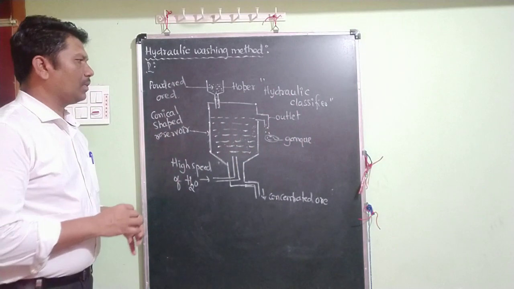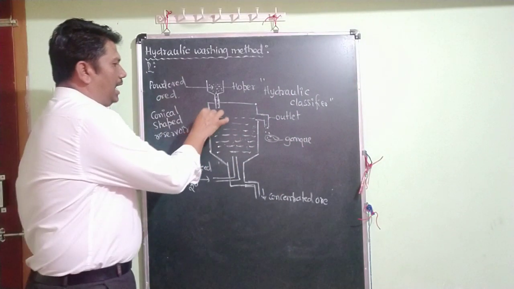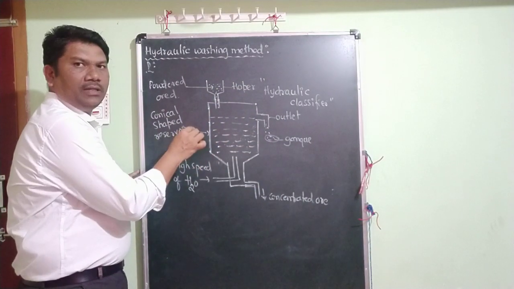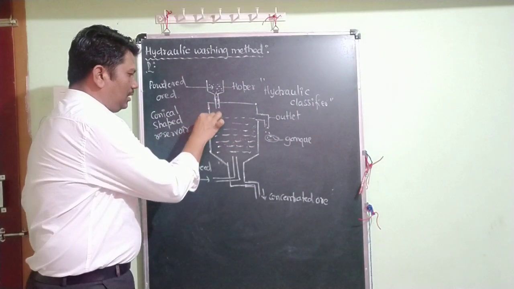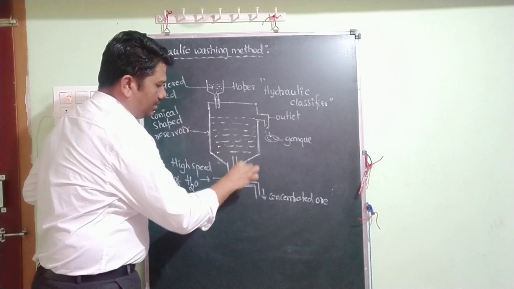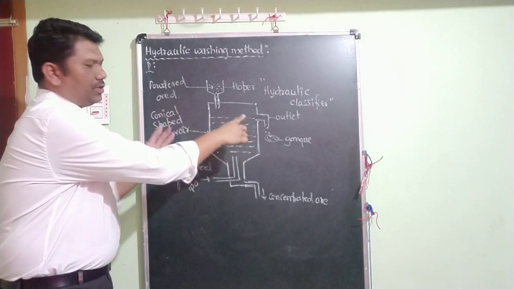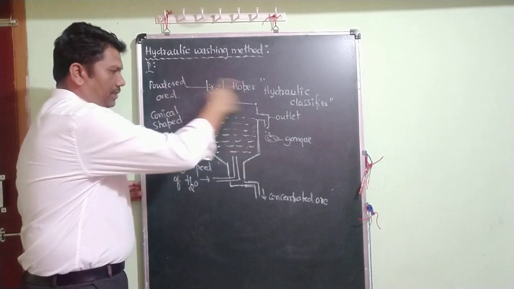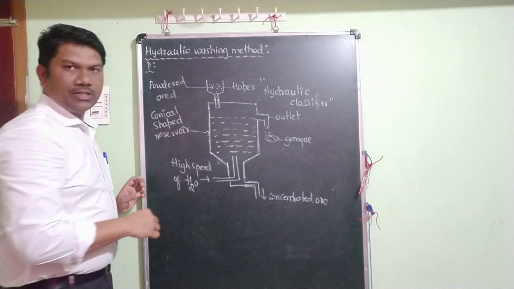See here, the hydraulic classifier consists of a conical shaped reservoir. It looks like a reversed conical flask. The whole instrument is called a hydraulic classifier.